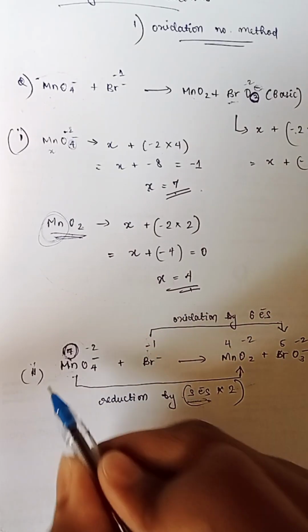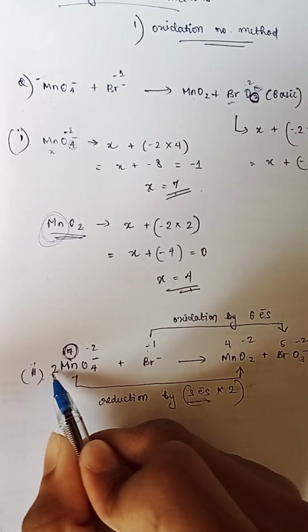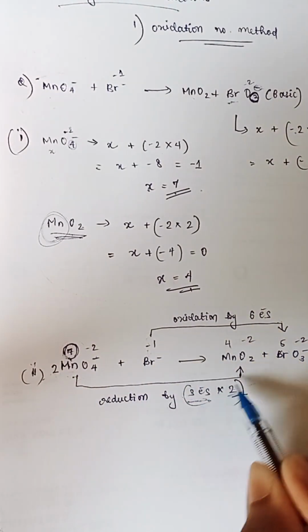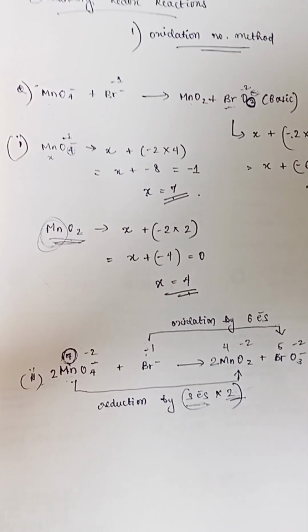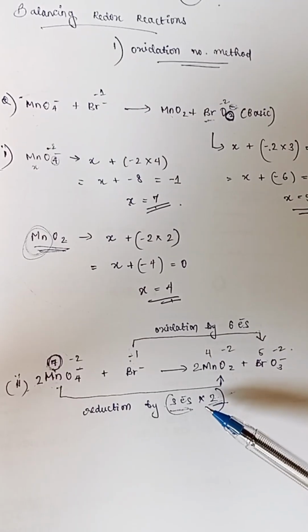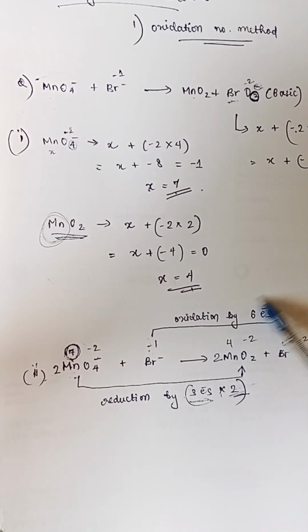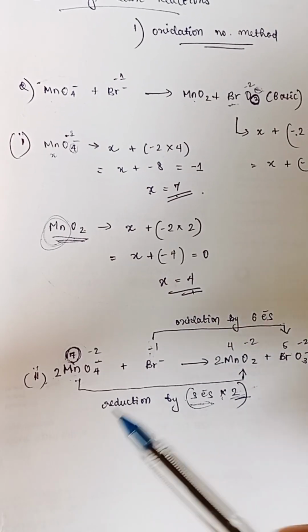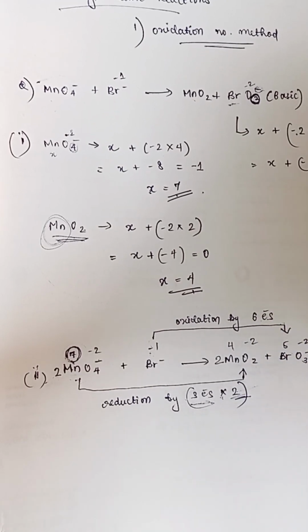So you need to write this as 2 MnO4 minus. Where do we get this 2 from? When we are multiplying it with 2. And in the same way it will be 2 MnO2. Now if you check how many electrons are there on the reduction side, 6 electrons. Oxidation side, 6 electrons. So now it is equal. So that was the third step. The third step is to balance the electrons on both sides.